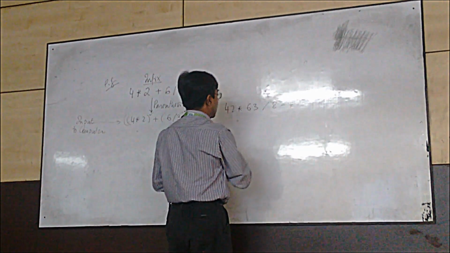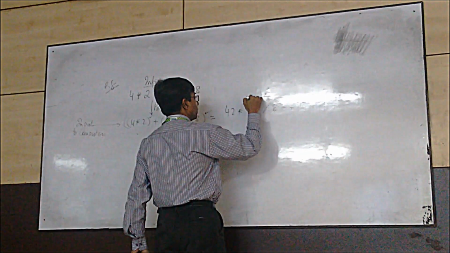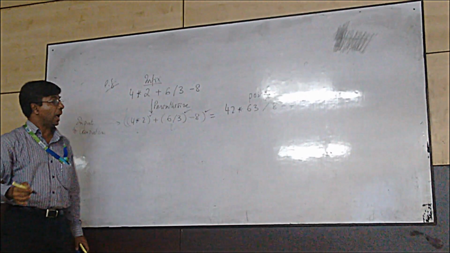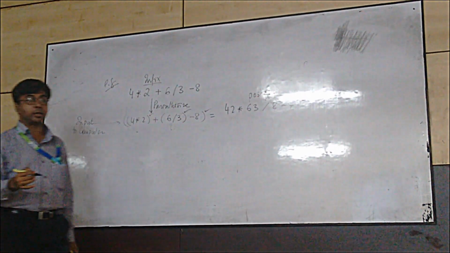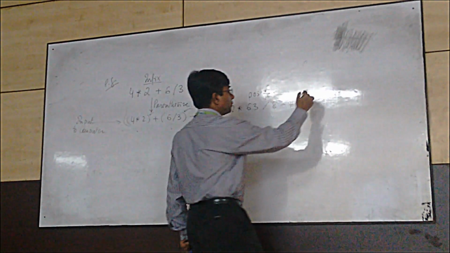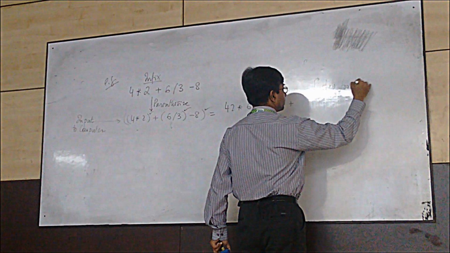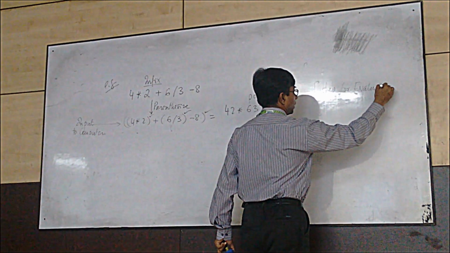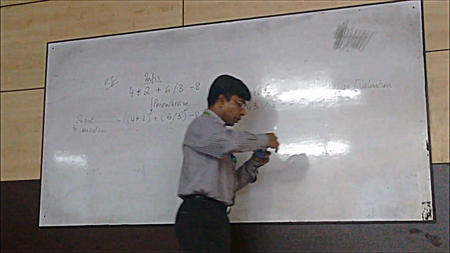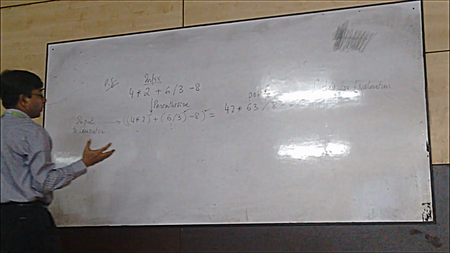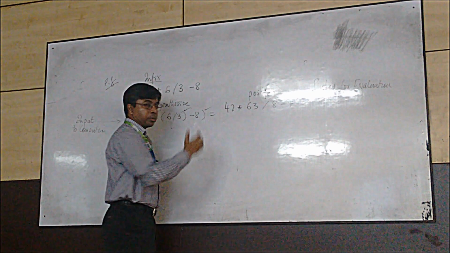This is my postfix expression, and I'm going to write down the rules for evaluation. Rules for evaluation and rules for conversion are two different rules. Now this is my input.